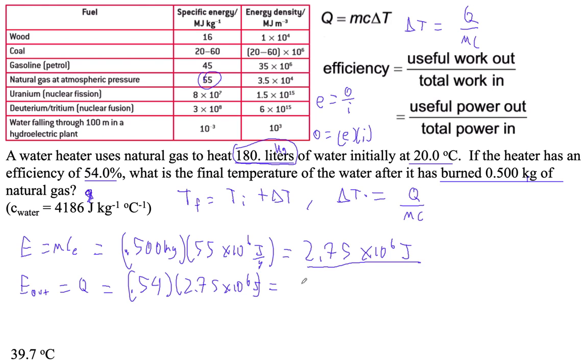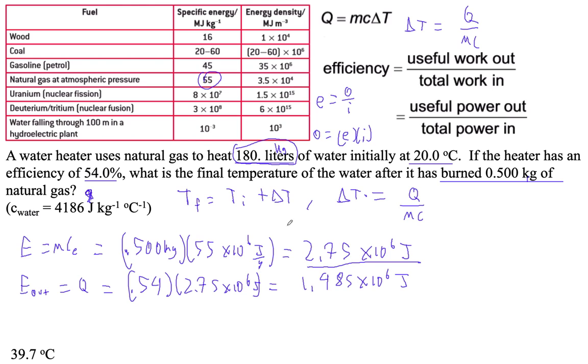So 54% of that is 1.485 times 10 to the 6th joules. So this is heat released by burning. This is the heat that goes into the water, and of course the rest of the heat is just wasted. It goes up the flue or something like that, or possibly the natural gas doesn't combust completely, right?